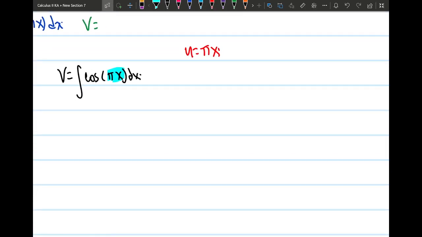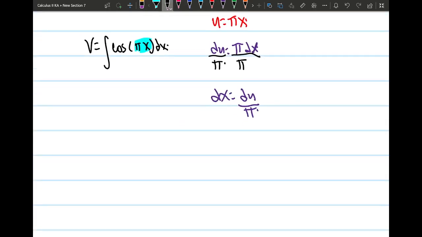And then du is just going to be pi dx. So then, if I solve for dx here, I'm going to divide both sides by pi. So then I'll have dx is equal to du over pi.